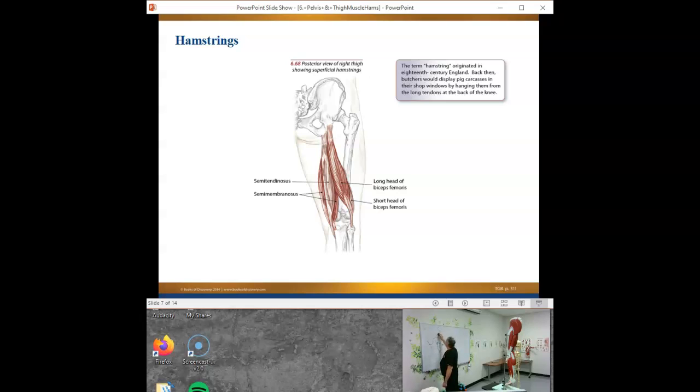And the only way my body can do that is to really exaggerate these curves. If I posteriorly tilt and get my hip kind of flat like this, I don't need a curve at all to get my head above my hips. So posterior tilting removes curves from your spine, anterior tilting exaggerates curves in your spine.